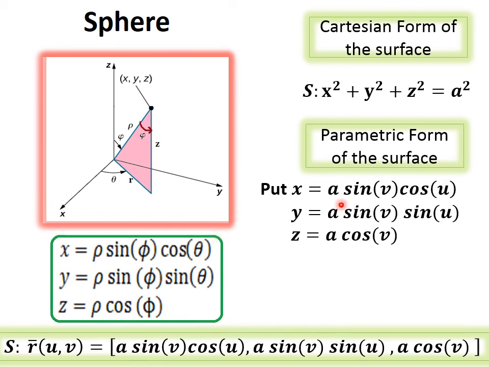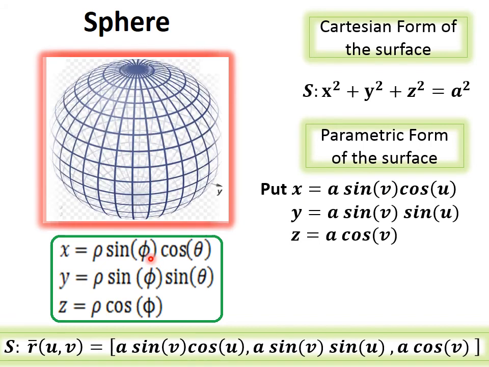Here u is the angle parameter theta, and v is the angle parameter phi. Now we have to see how to fix the bounds for u and v in the uv plane. Here u is equivalent to theta. Theta is the positive tilt from the x-axis.